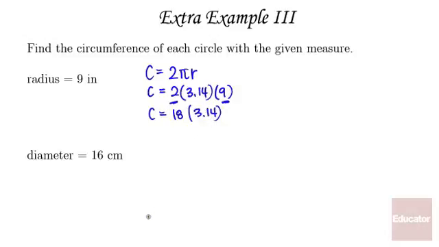Now I have to multiply these two numbers, so it's 3.14 times 18. 8 times 4 is 32. 8 times 1 is 8, plus 3 is 11. 8 times 3 is 24, 25. Then I put a 0 there. 1 times 4 is 4, 1 times 1 is 1, 1 times 3 is 3. I can go ahead and add. 2 plus 0 is 2, this is 5, this is 6, and this is 5.